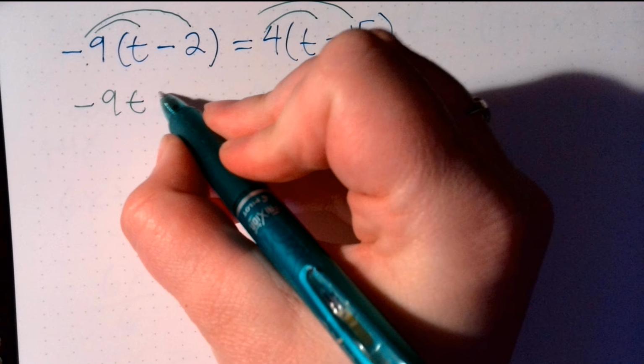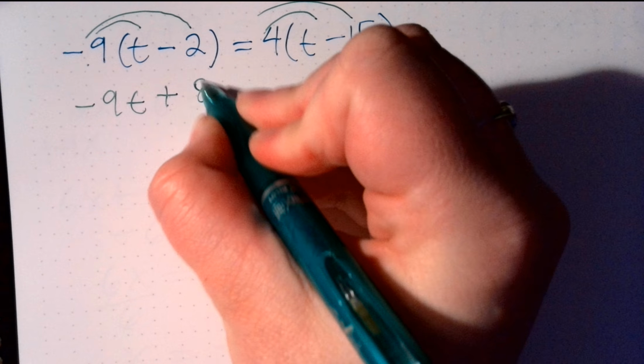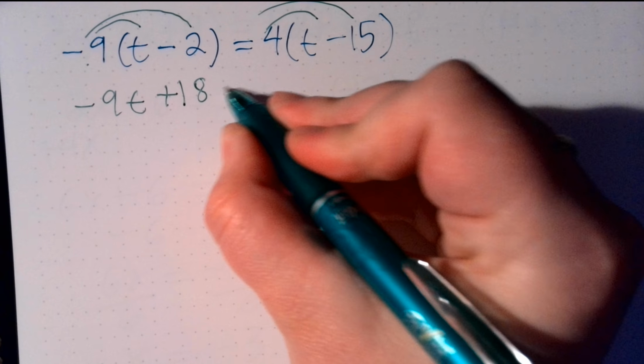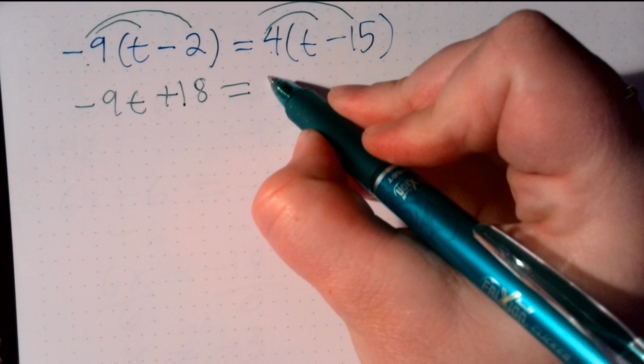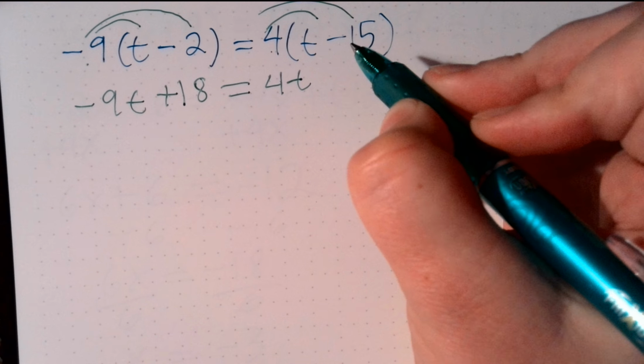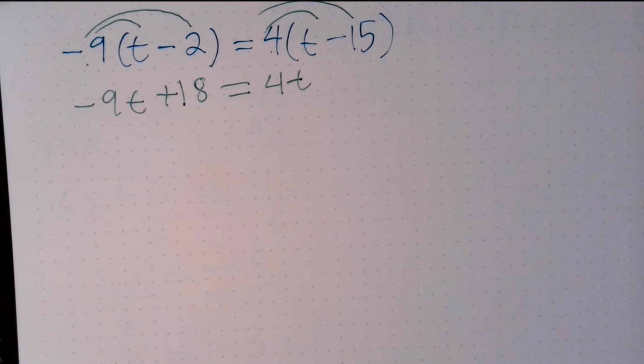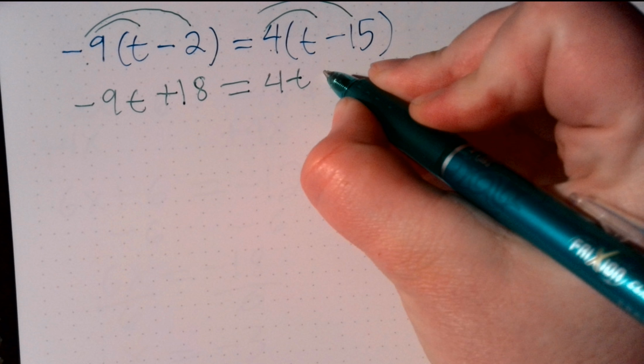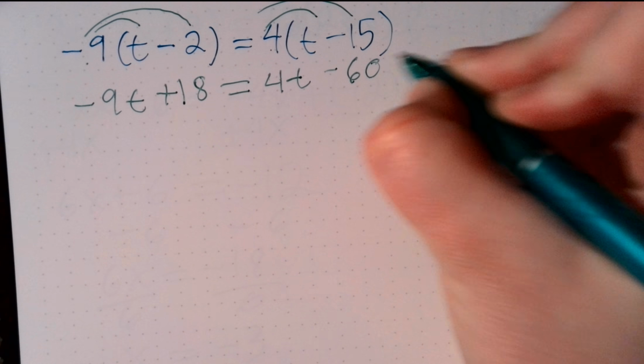Negative 9 times a negative 2 is a positive 18, which is equal to 4 times t is 4t. 4 times 15 is 60. It's going to be a negative 60 because that 15 is minusing.